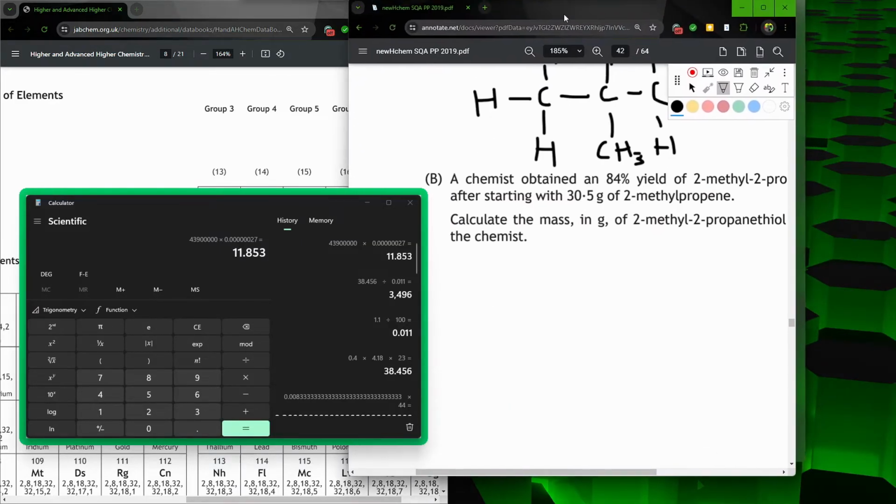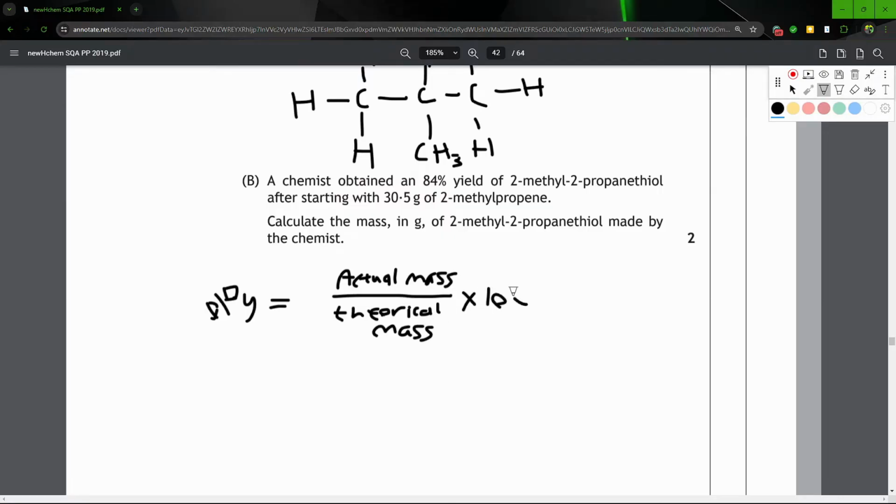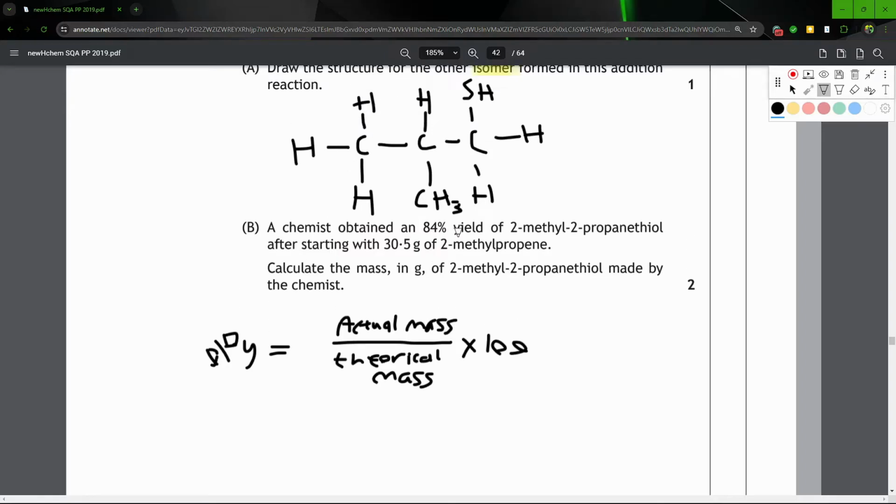So remember, percentage yield equals actual mass over theoretical mass, times 100.